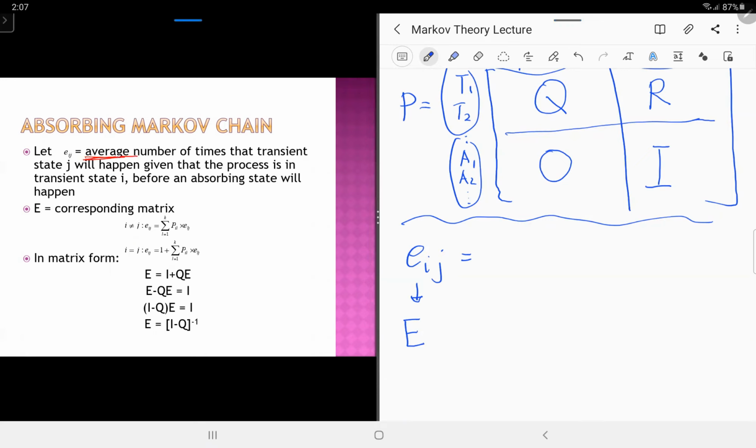It's the average number of times that transient state j will happen given that the process is in transient state i. Take note that i is the source transient state, the transient state that you are coming from, and j is the transient state that you will be passing through.